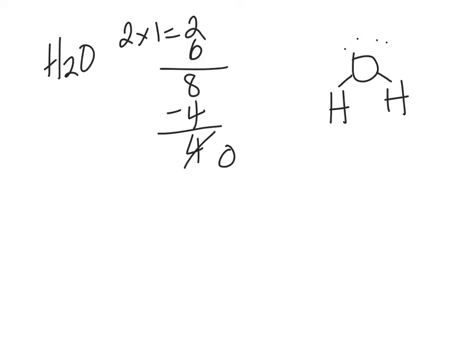So now, double check. I've got 2 here, 2 here, 4 here. Total of 8 electrons. Oxygen is surrounded by 8 electrons. Its octet is full. Each hydrogen surrounded by 2. Done. There's your Lewis structure.